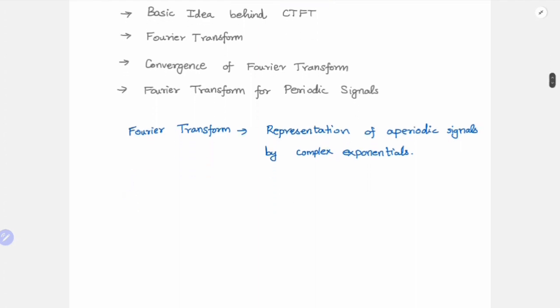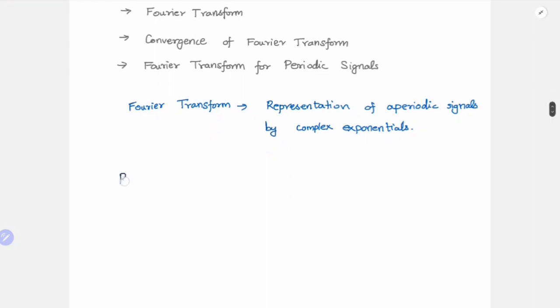So before we start with Fourier transform, let us review the Fourier series. We have been seeing Fourier series in the past 2 to 3 lectures, right?